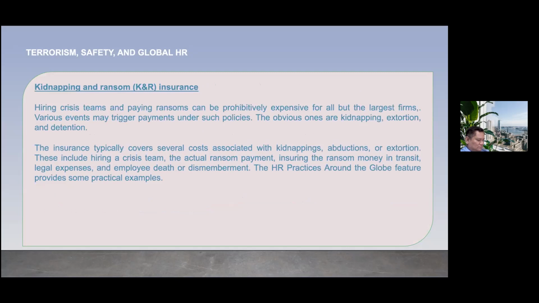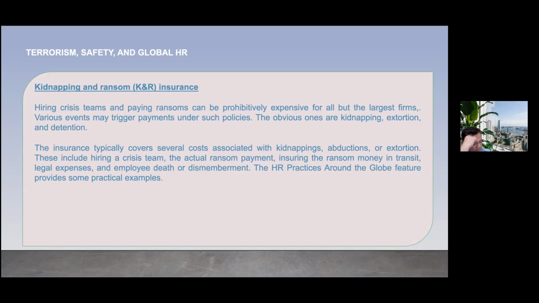So some also get kidnapping and ransom or KNR insurance. Hiring crisis teams and paying ransoms can be prohibitively expensive for all but the largest firms. So many employers buy kidnapping and ransom KNR insurance.